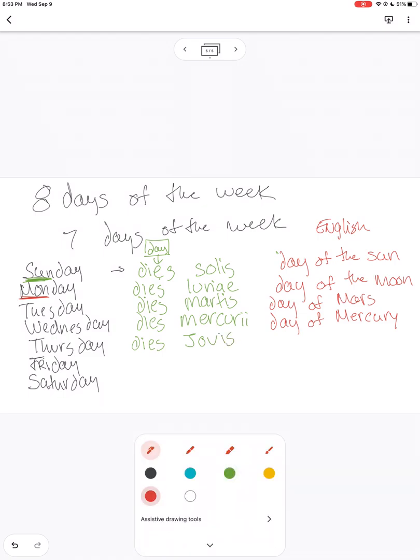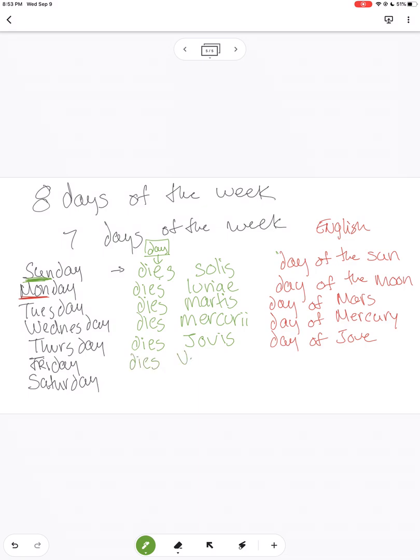So Jovis is Jove, day of Jove. He also has another name, Jupiter, and he's the Roman equivalent of Zeus. Next is Friday. So Dies Veneris. I love this one. So day of Venus. And who's Venus? The goddess of love. And we all love Fridays.